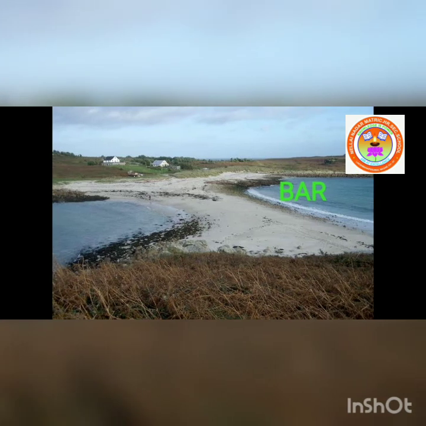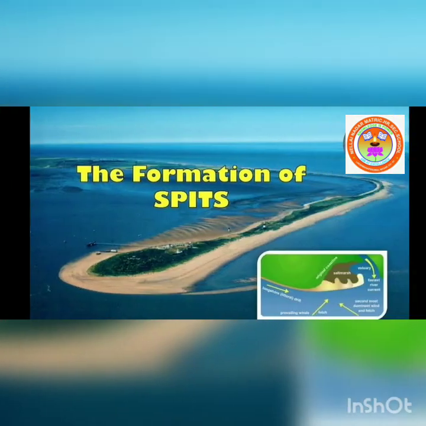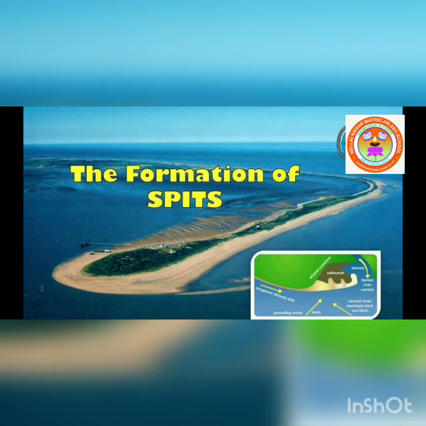The next one, bar. A bar is an elongated deposit of sand, shingle, or mud found in the sea, almost parallel to the shoreline. That is a bar. Next, spit.